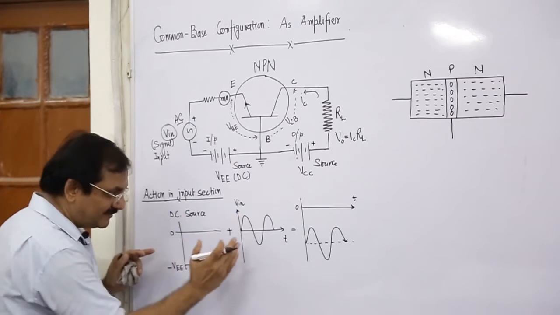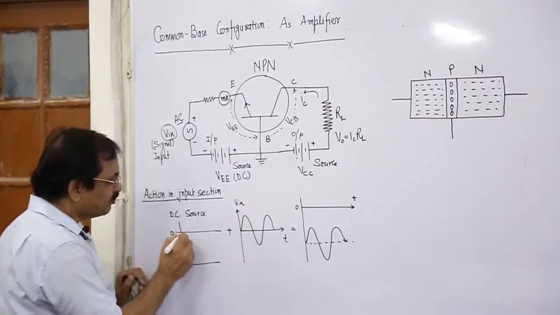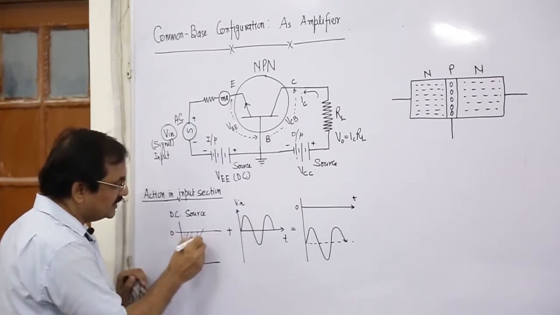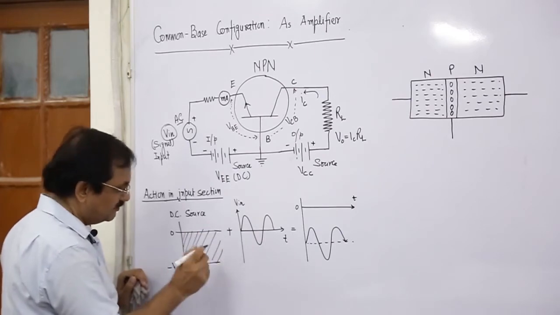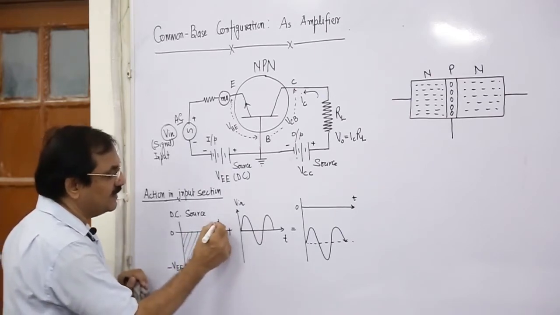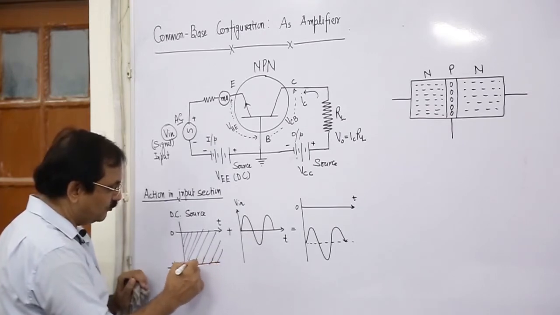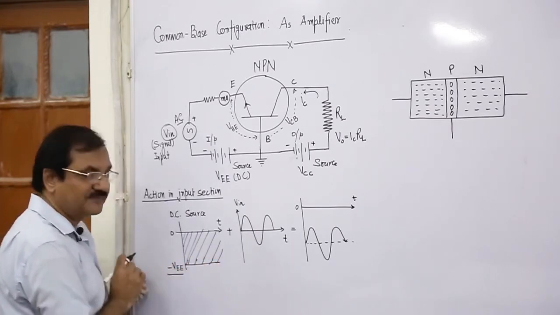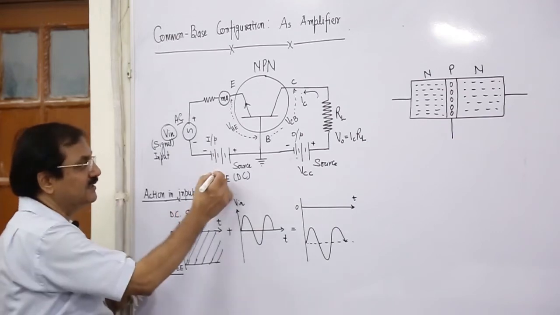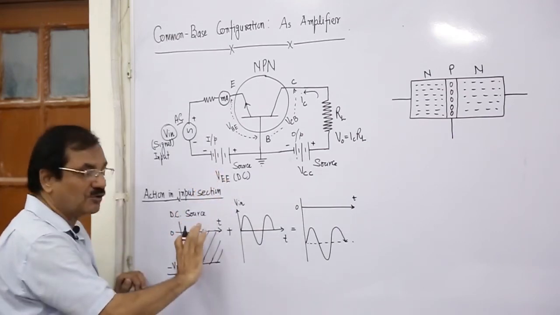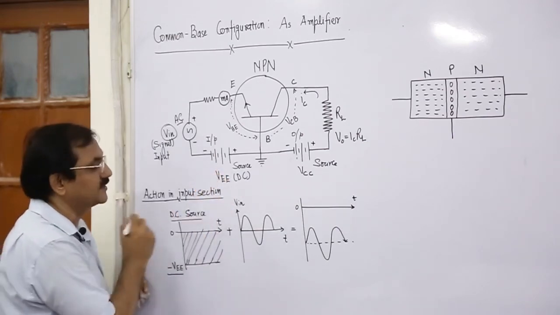This can be represented as, this is the DC part. DC part means this is the time axis, and with respect to time, this voltage, minus VEE, the source voltage, remains constant. So it is DC voltage.